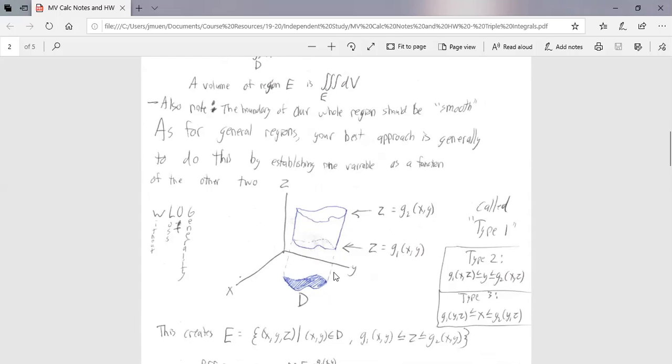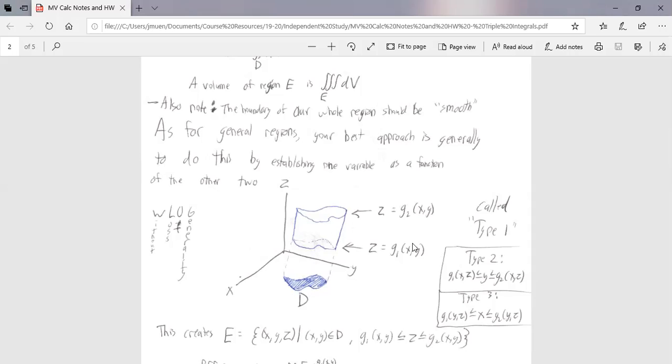And then that means that now it's bound by whatever the projection onto the xy plane is, which can then be done with a double integral, where we might say y is between two functions of x, and x just goes, or x is between two functions of y, and then y just goes from, maybe, 2 to 5 or something.